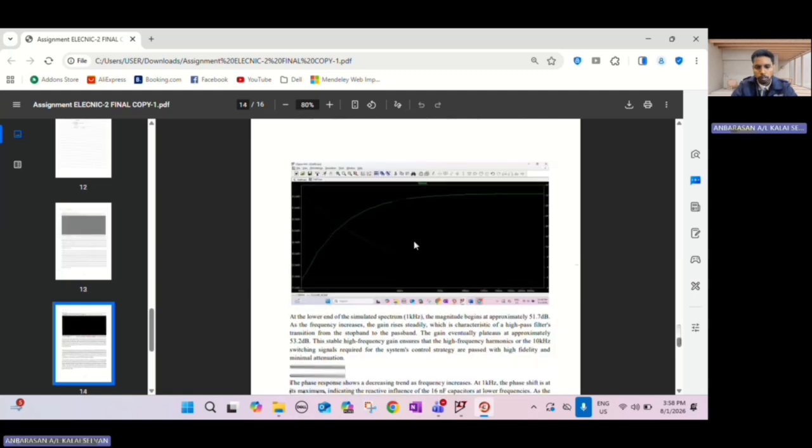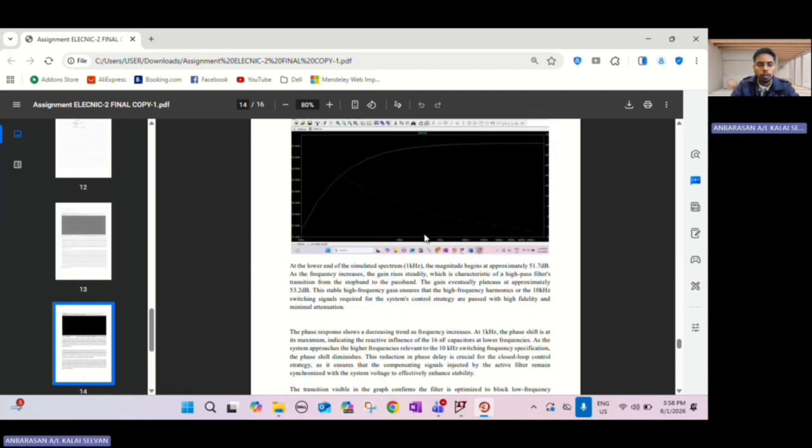The second one is V out. The result clearly indicates the high pass active filter reduces the impact of the low frequency noise in the photovoltaic system. This improves signal quality and increases the accuracy of monitoring and control within the PV system.